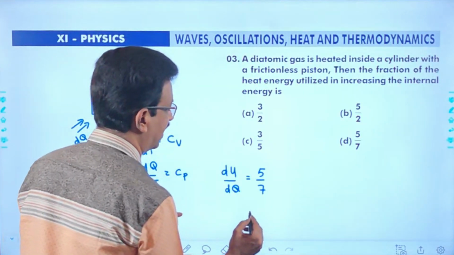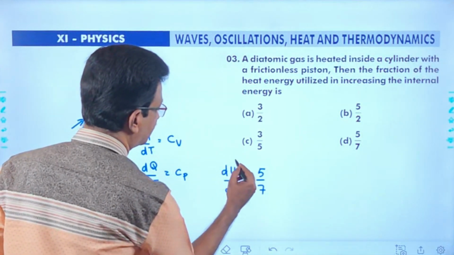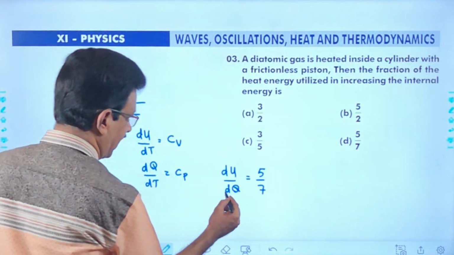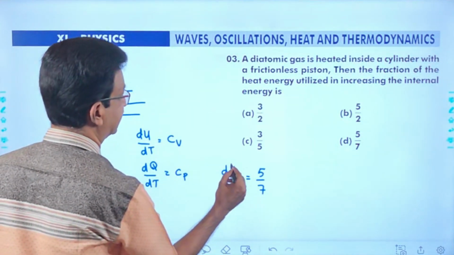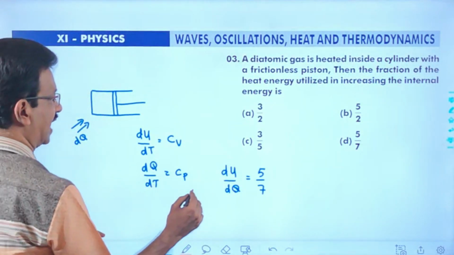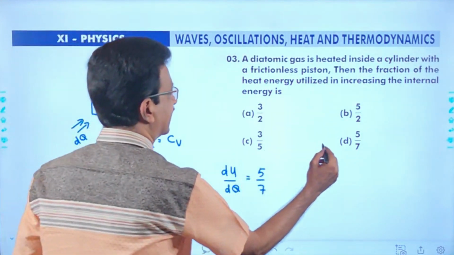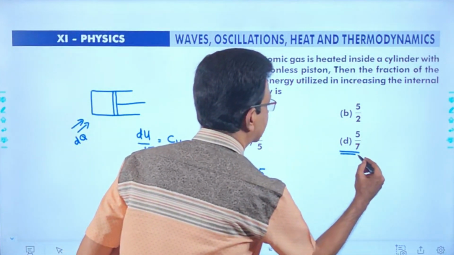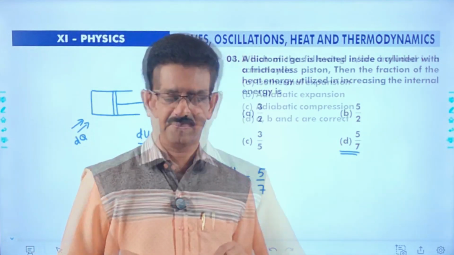Therefore, the fraction of the heat energy supplied which is utilized in increasing the internal energy is dU by dQ equal to 5 by 7. Therefore, here the correct answer is D, 5 by 7.